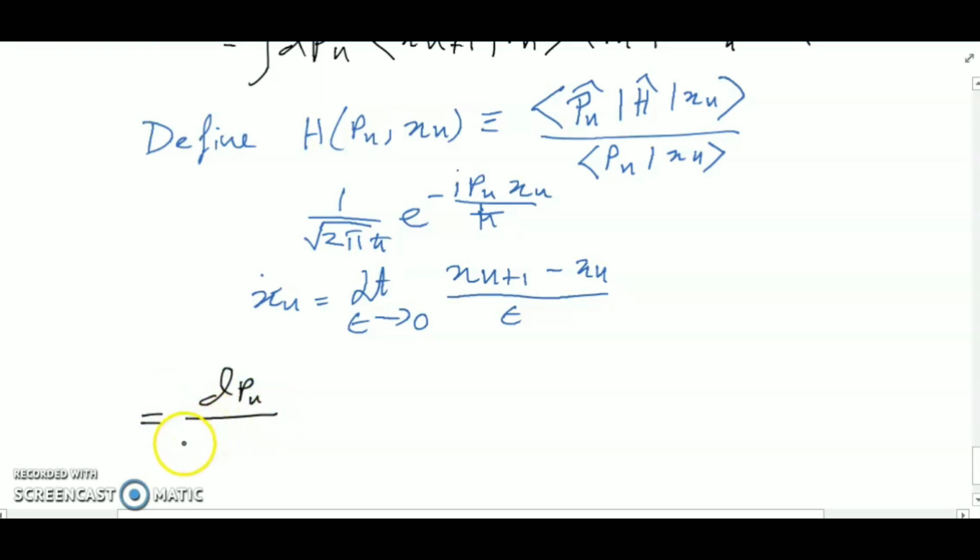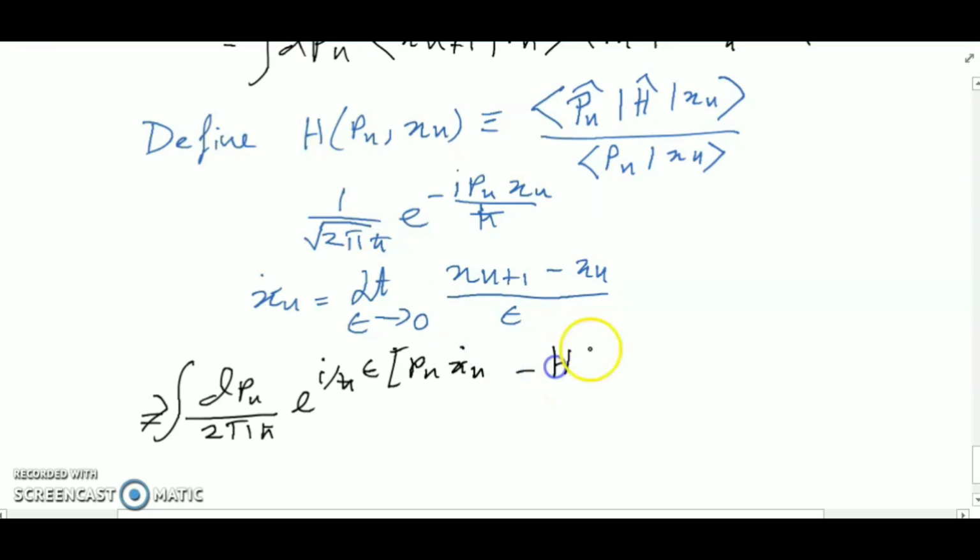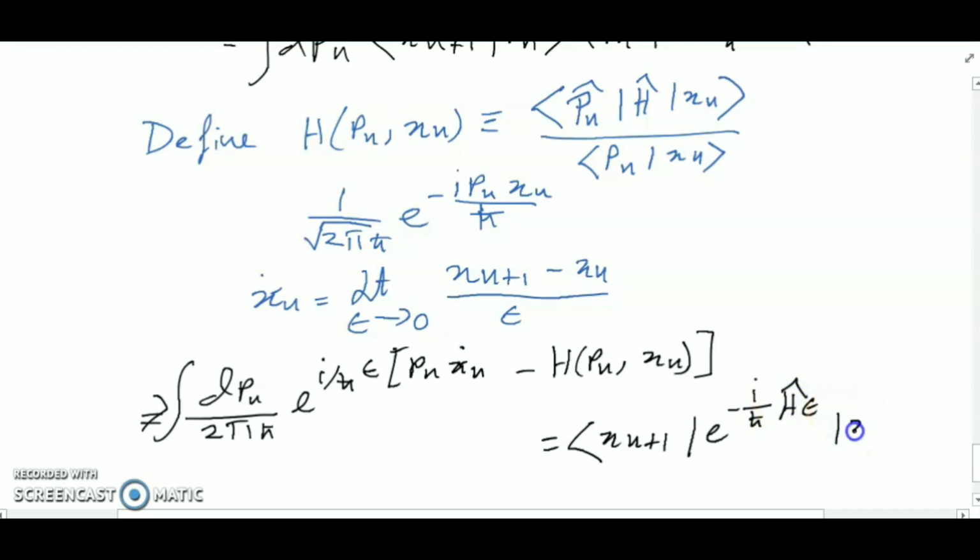So my given expression can be written as integral dp n divided by 2 pi h bar, e to the power i divided by h bar epsilon, p n x dot n minus H of p n x n, equals x n plus 1 e to the power minus i H hat epsilon over h bar x n.